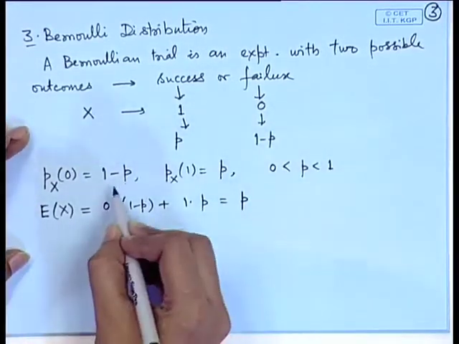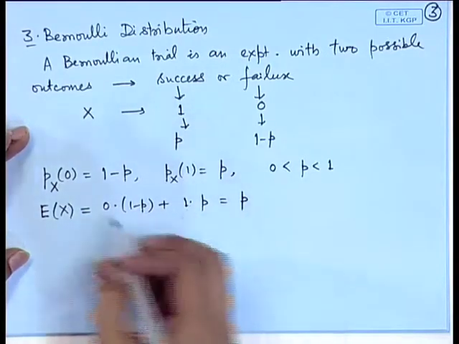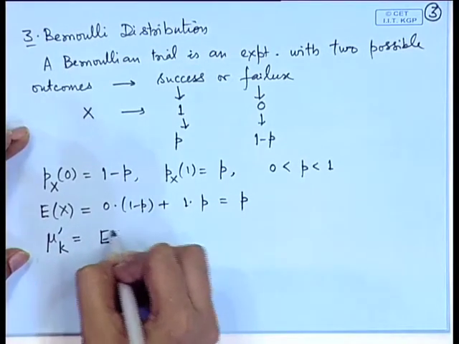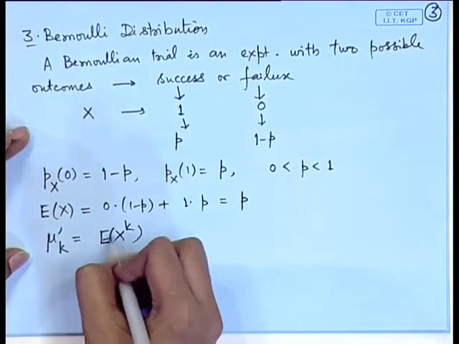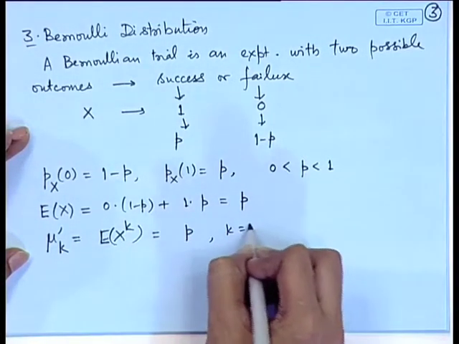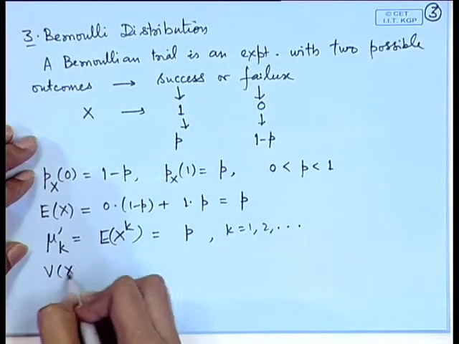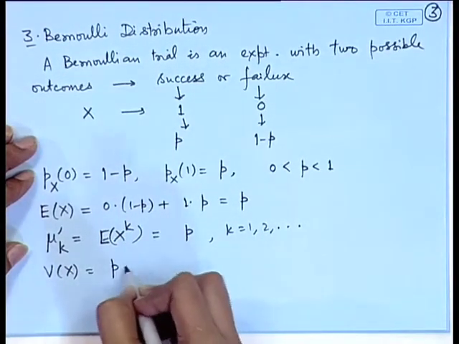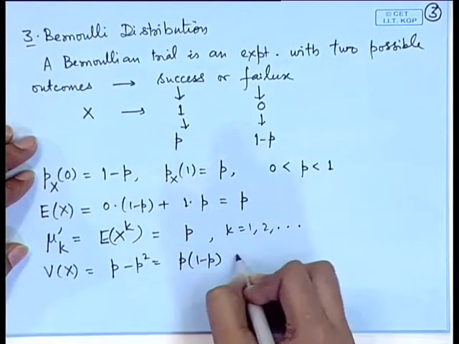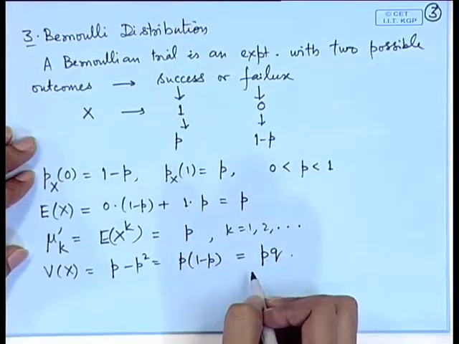Now, since the values taken are only 0 and 1, and any powers of 0 and 1 are also the same, in general the moment of kth order, expectation of X to the power k, will be equal to p for k equal to 1, 2 and so on. Therefore, the variance of this distribution is p minus p square, that is equal to p into 1 minus p. 1 minus p many times we write as q also. So, it is pq.